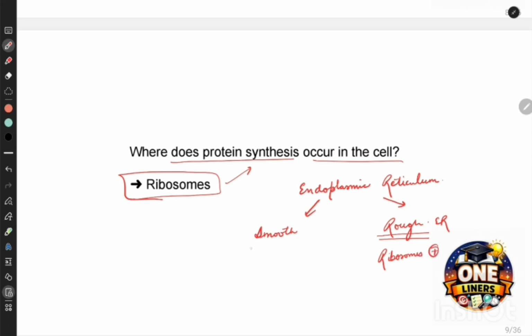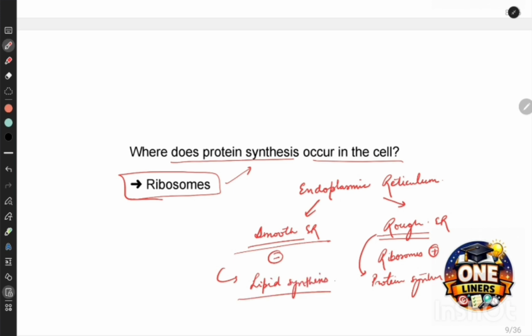Okay. And on smooth endoplasmic reticulum, these are absent. That's why rough endoplasmic reticulum is specially involved in protein synthesis. Okay, and smooth endoplasmic reticulum basically in lipid synthesis. Is it clear? So protein synthesis occurs in ribosome.